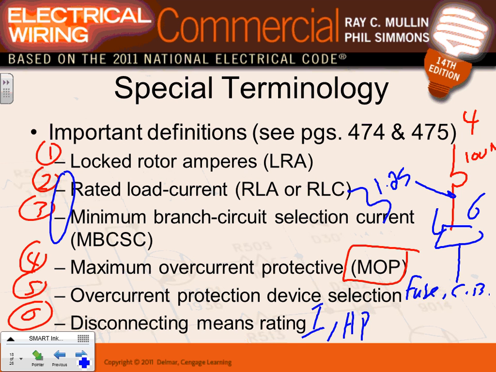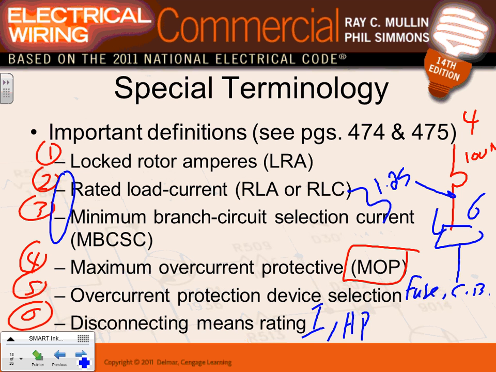Minimum branch circuit selection current is another value that they use, because the system has multiple things running, relays, compressor and fans. There are 2 values here. This is basically a full load amp, either given as rated load amps or branch circuit. When you get it, you multiply it by 1.25. You size your conductor with whichever is larger.